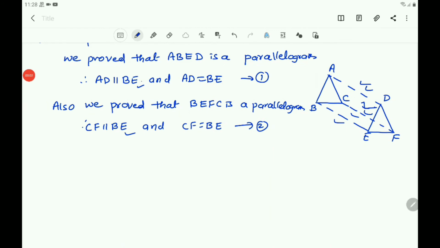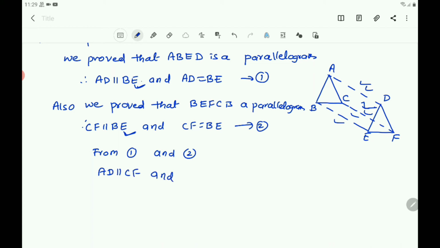So, from first and second, here you observe the same line BE is parallel to the lines AD and CF. Therefore, AD must be parallel to CF. Same line is parallel to two different lines AD and CF, so you write AD parallel to CF.